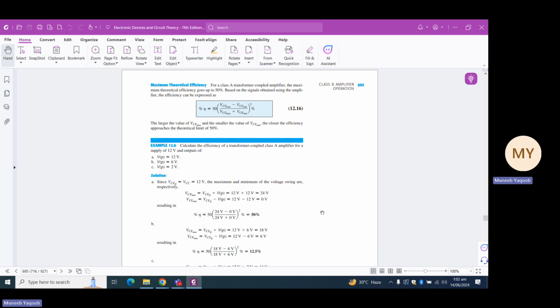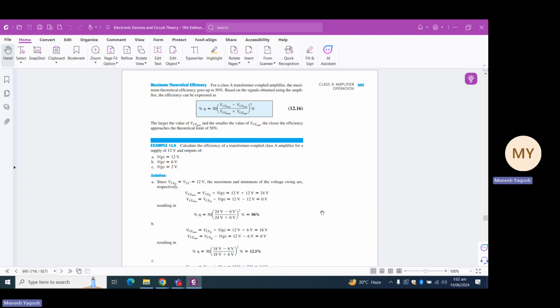For this purpose, we basically have a look on this example 12.6. So they are saying that the peak voltage is 12 volt and the amplifier has a supply voltage, that is VCEQ, because VCEQ is equal to VCC, is basically 12 volt. So VCEQ is 12 volt because VCC is 12 volt, and in the first part, the peak voltage is 12 volt.